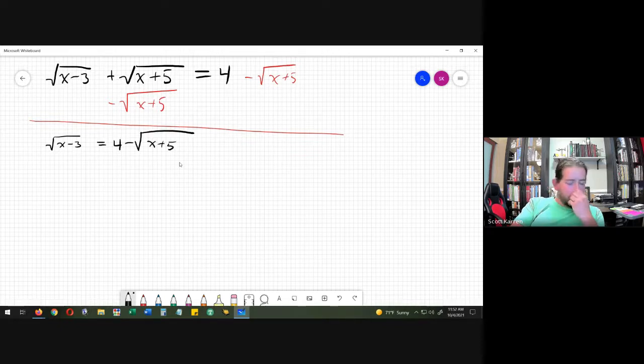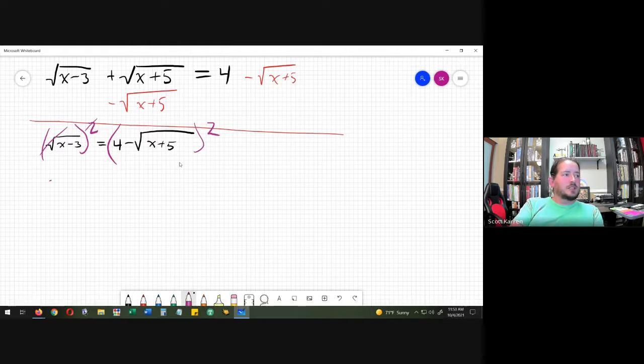Okay. Now, if I square both sides, I'm going to do so because doing that will get rid of this square root on the left. But on the right, I have no choice. I just have to go down that ugly path, right?